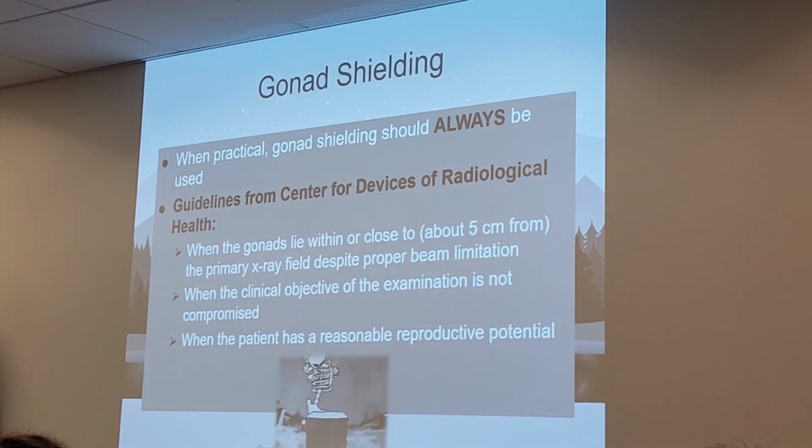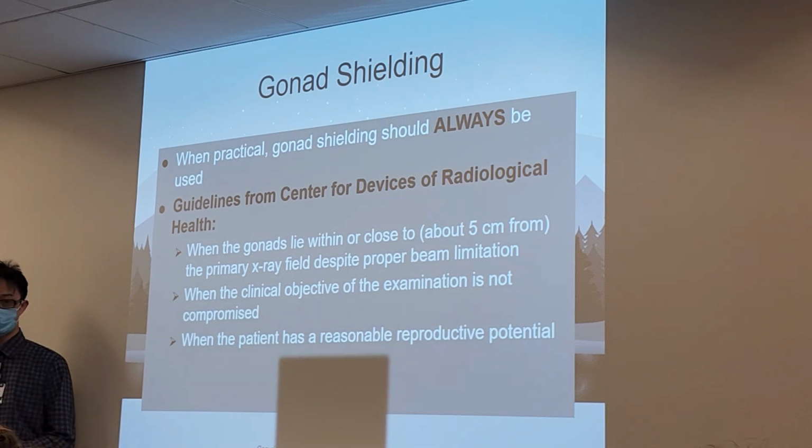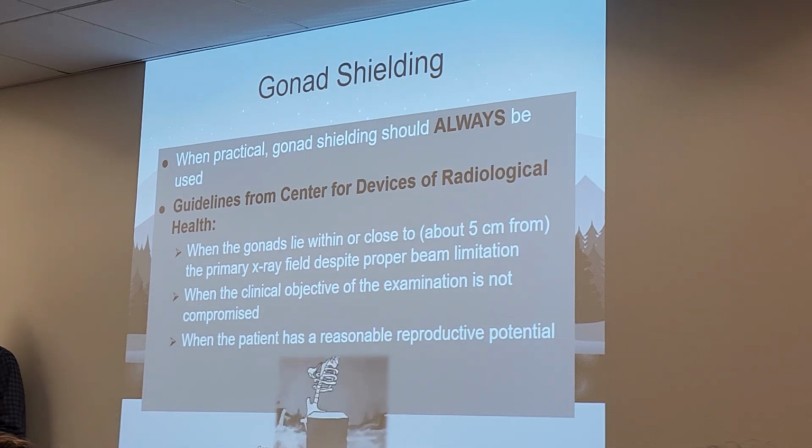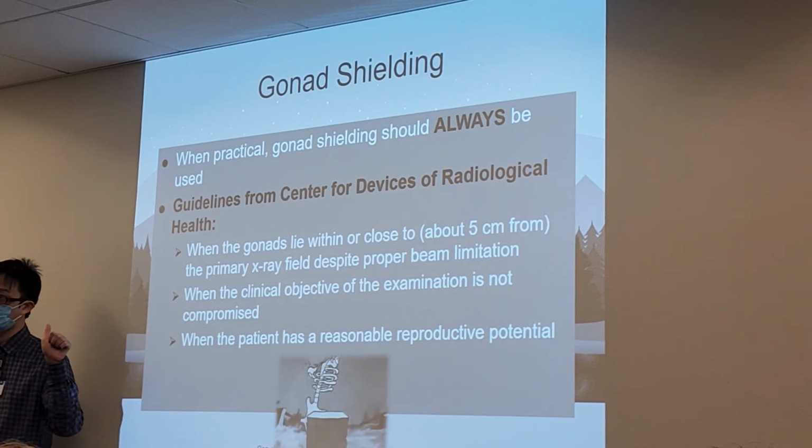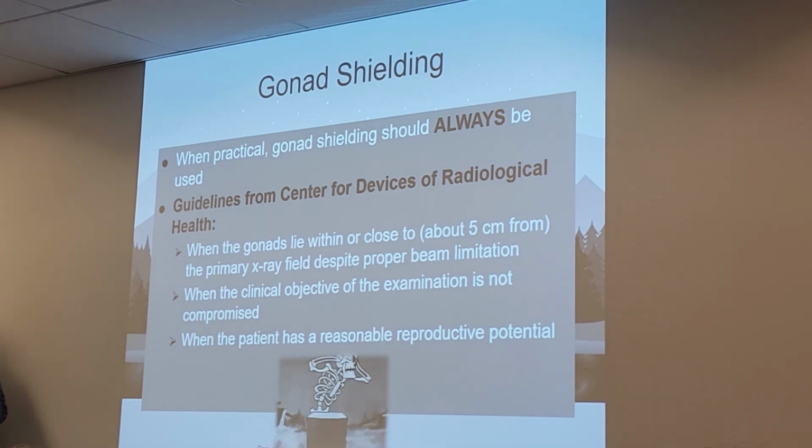For example, cells which are dividing very quickly have a higher risk. Cells which are immature, which have not developed specific functions yet, have a higher risk. What has cells which are both dividing rapidly and are immature?